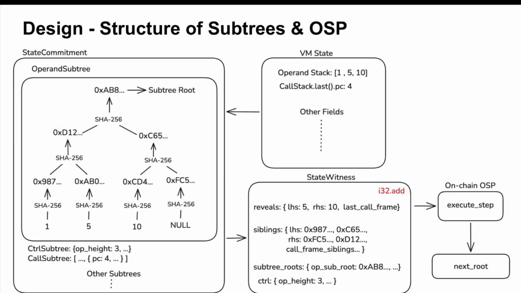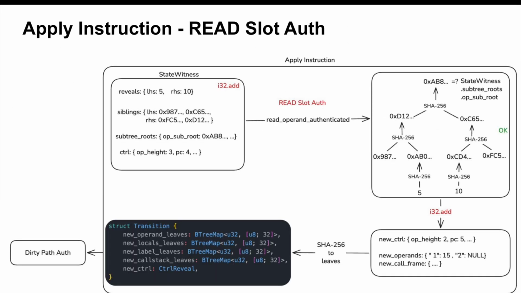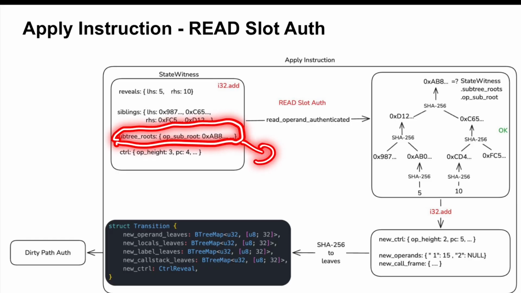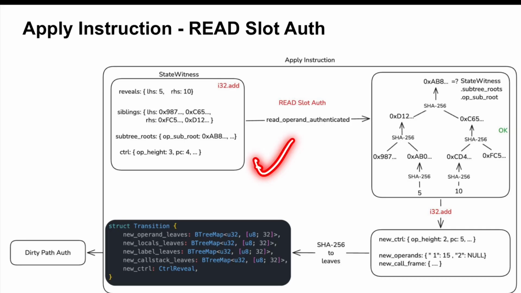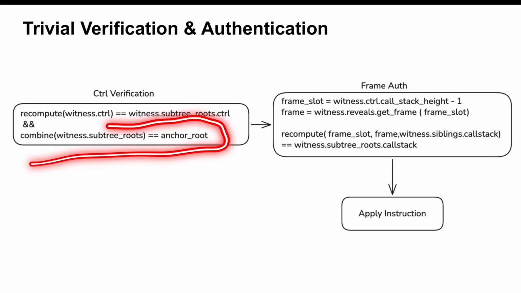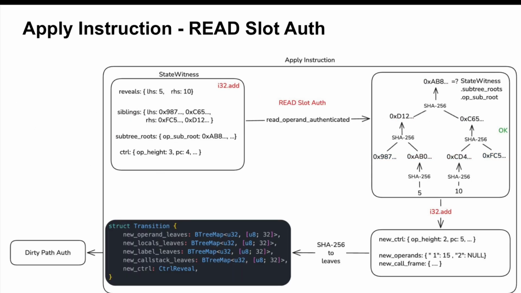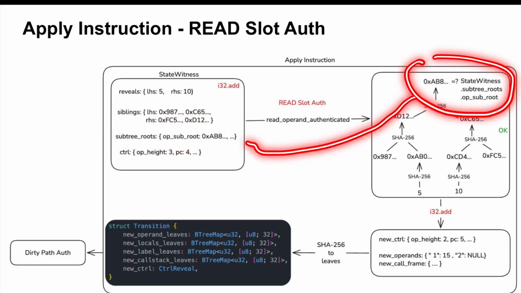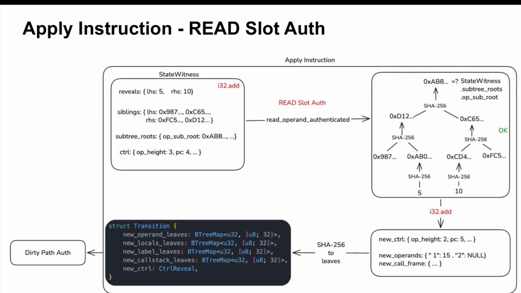So we first check that the combination of these subtree roots, the digestion, gives the same digestion as the claimed anchor root. Basically, you can see this line here. So we know that these subtree roots are trusted. So if we can compute this using these claimed variables in the leaves, we know that it's good.